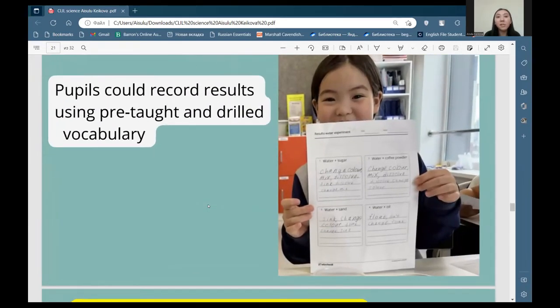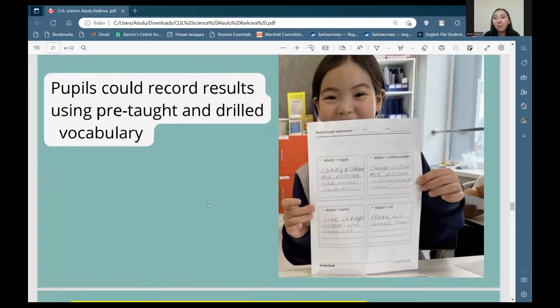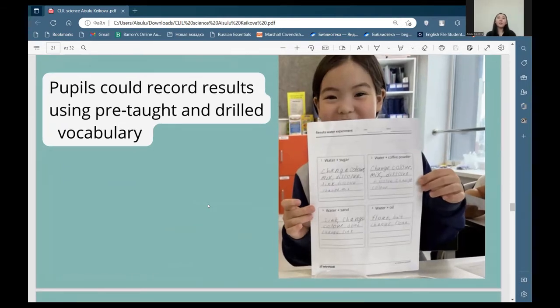Pupils could record results using pre-taught and drilled vocabulary. Before starting the experiment, I taught the vocabulary: change, mix, dissolve, think. Some of them had different answers, like float, etc. So they could do it by themselves at the end. I just gave a list of words on the board and asked them to describe each experiment.